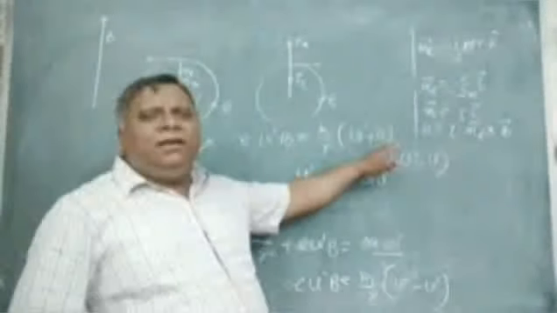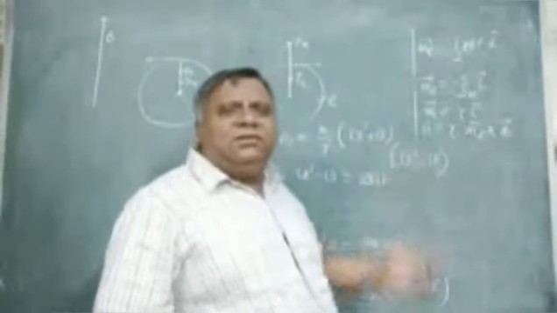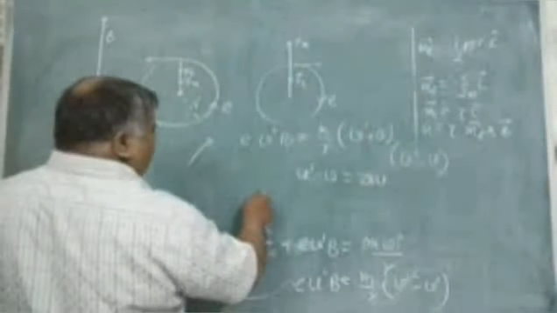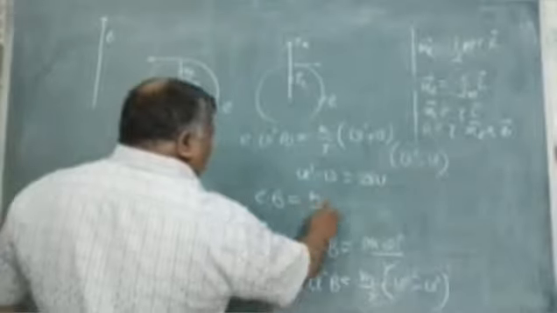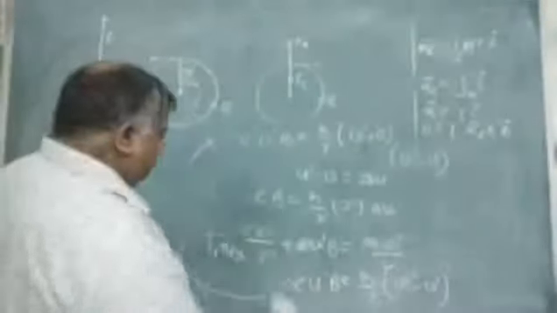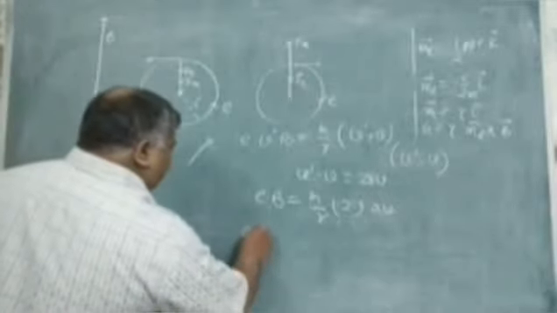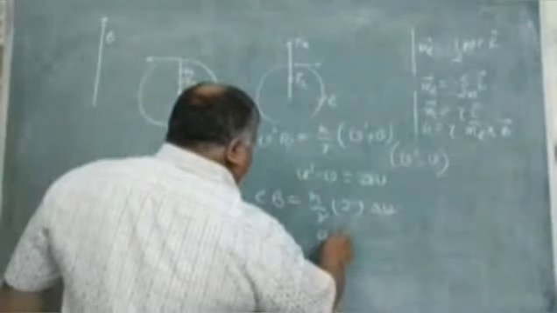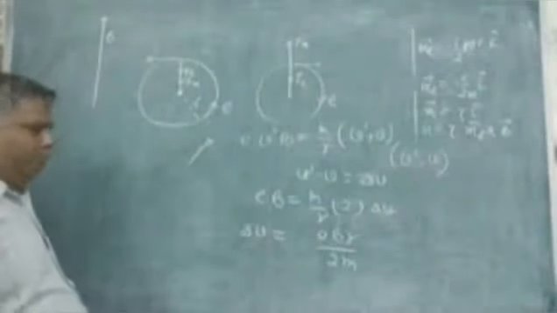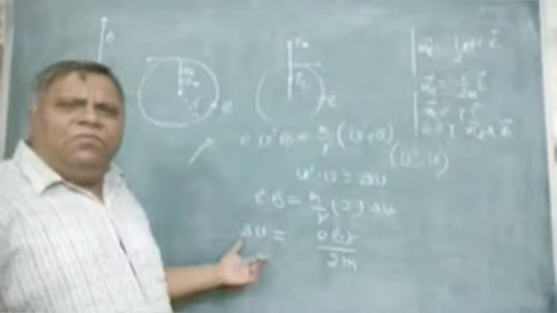Since v dash is slightly different than v, we can take these two velocities as equal. So finally we have e v B equal to m over r, 2 v delta v, or delta v equal to e B r over 2m. This is the change in velocity of moving electron.